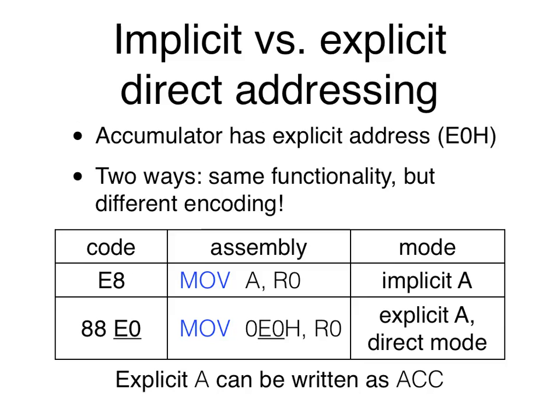One is to move from R0 to A. The other one moves from R0 to ACC, right? That's explicit addressing. So both will accomplish the same effect, except the second one is a little larger, or larger by 1 byte.